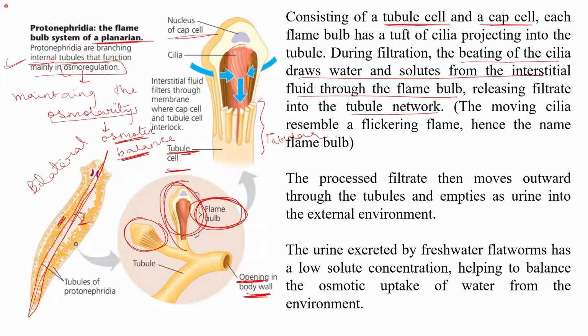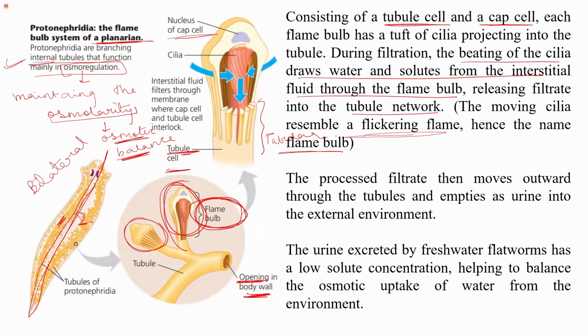So the beating of cilia allows the water and the solutes from the interstitial fluid to be drawn through the flame bulb, releasing these filtrates into the tubular network, which is present here. And the moving cilia resemble a flickering flame, like the flame of a candle.